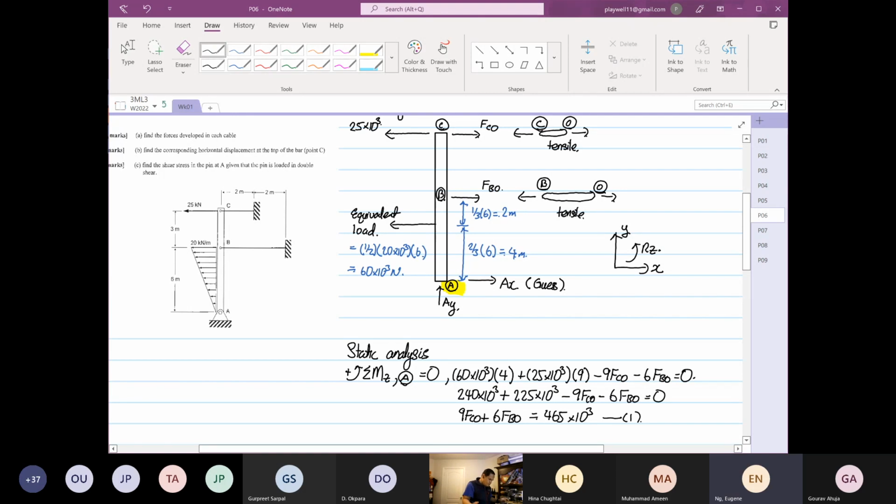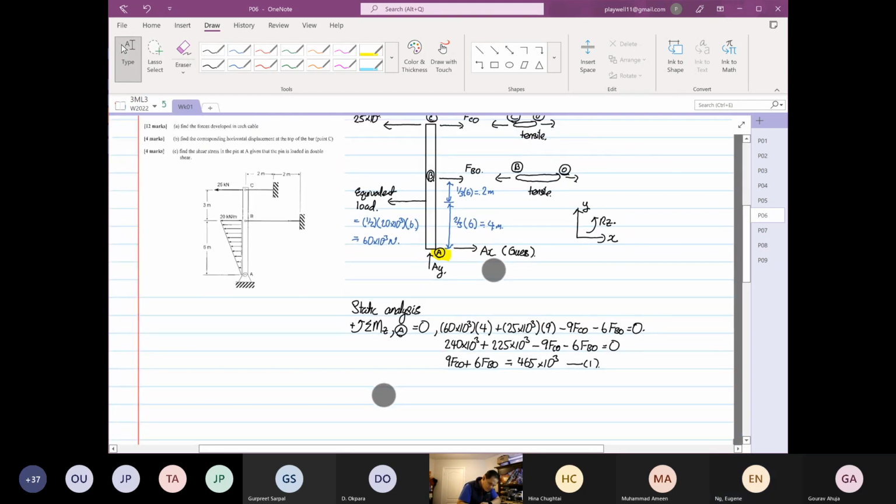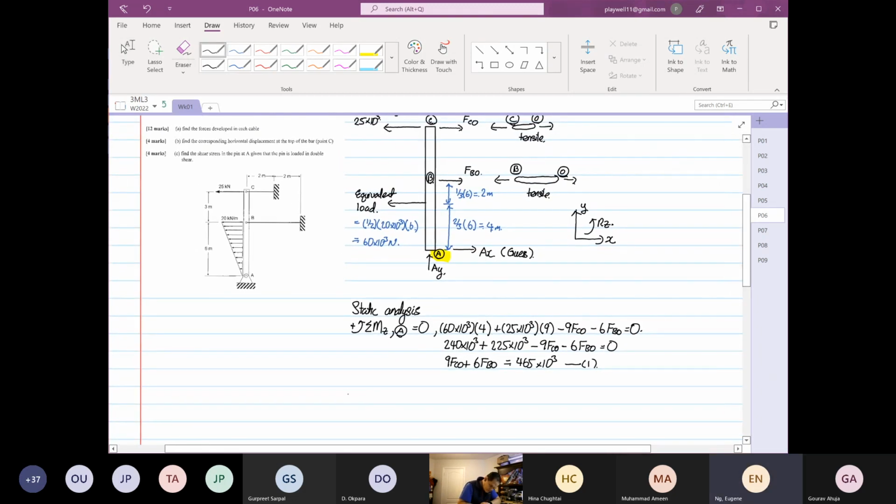And then next we use our static analysis again. We do summation of forces in the X direction.